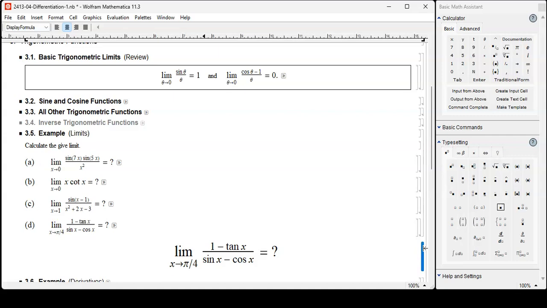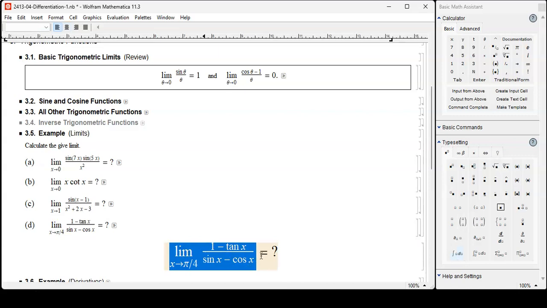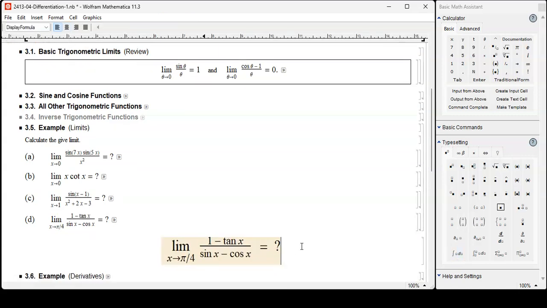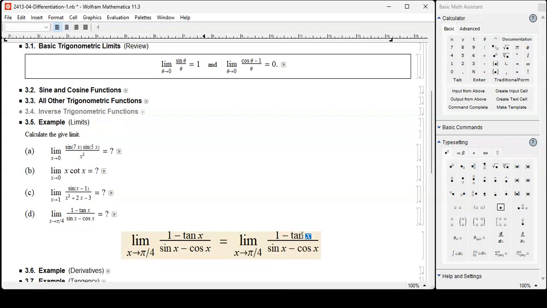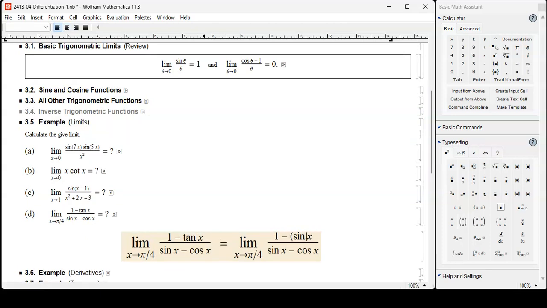Suggestion? Well, tangent is sine over cosine, so maybe you can start from there. Does it help?